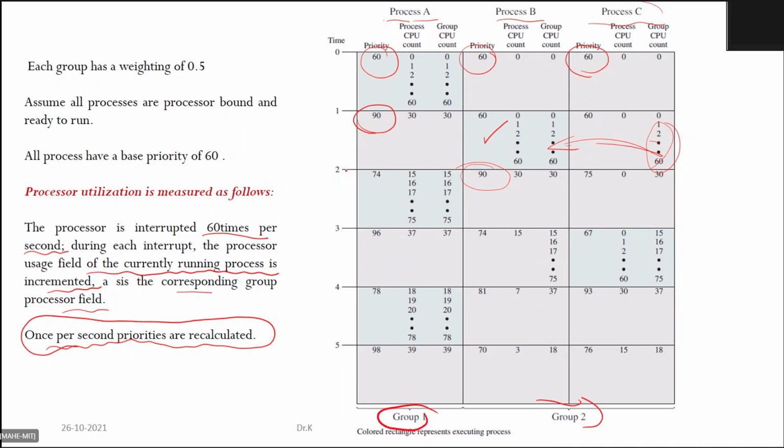At the end of this particular time, the next time unit, notice this is having the lesser time, definitely this picks up and starts executing, and some random count will increase, and this will increase at the end of each utilization.